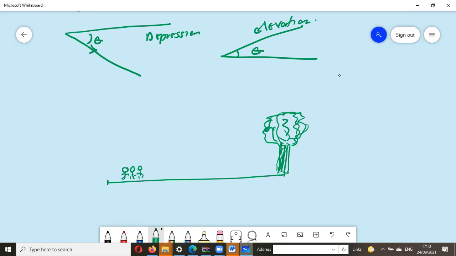Ripe mangoes are there. Now, in order to see this, this is the normal view of the person, where the eye is. To see the mangoes, they have to elevate their eye towards the ripe mangoes. When they elevate the eye, it will be like this.